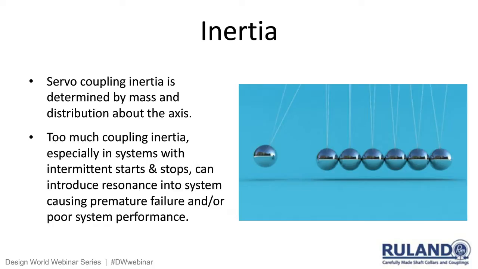So many times people will say, we don't have enough room to put a bigger coupling in. We're going to just go to the stainless steel version of a beam coupling, which does have higher torque capacity, and that's going to solve our problem.